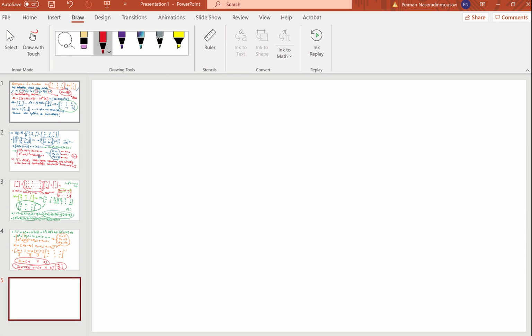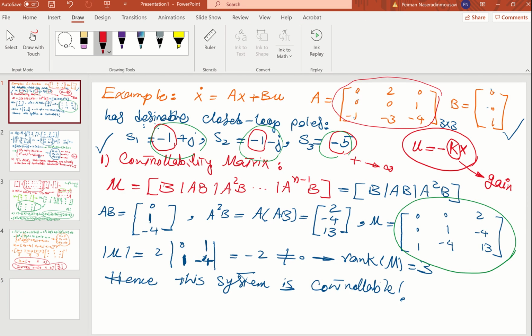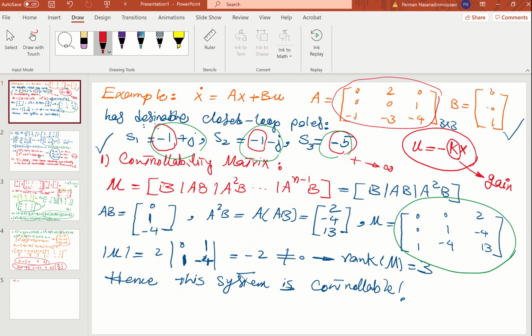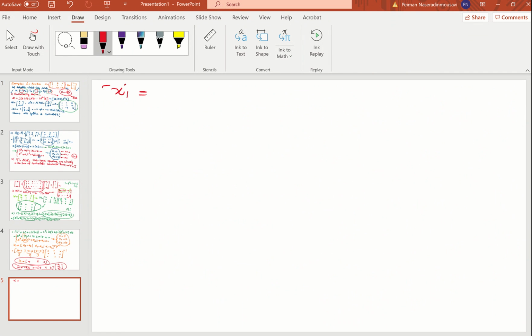If this is your LTI system, ẋ = Ax + Bu, look at here, your ẋ1 is how much? It is 2 x2. I want you to visualize what you are doing: ẋ1, ẋ2, ẋ3.